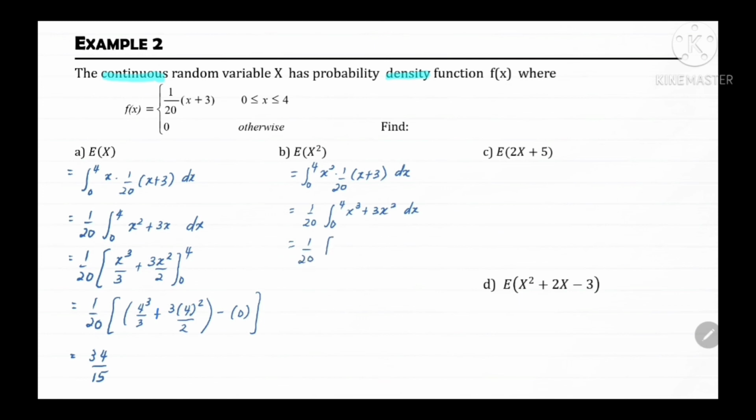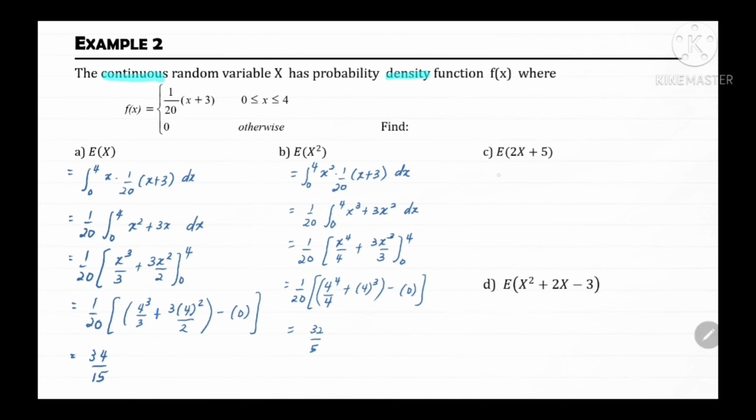Integrate from 0 to 4, then substitute. Equal to 32 over 5.